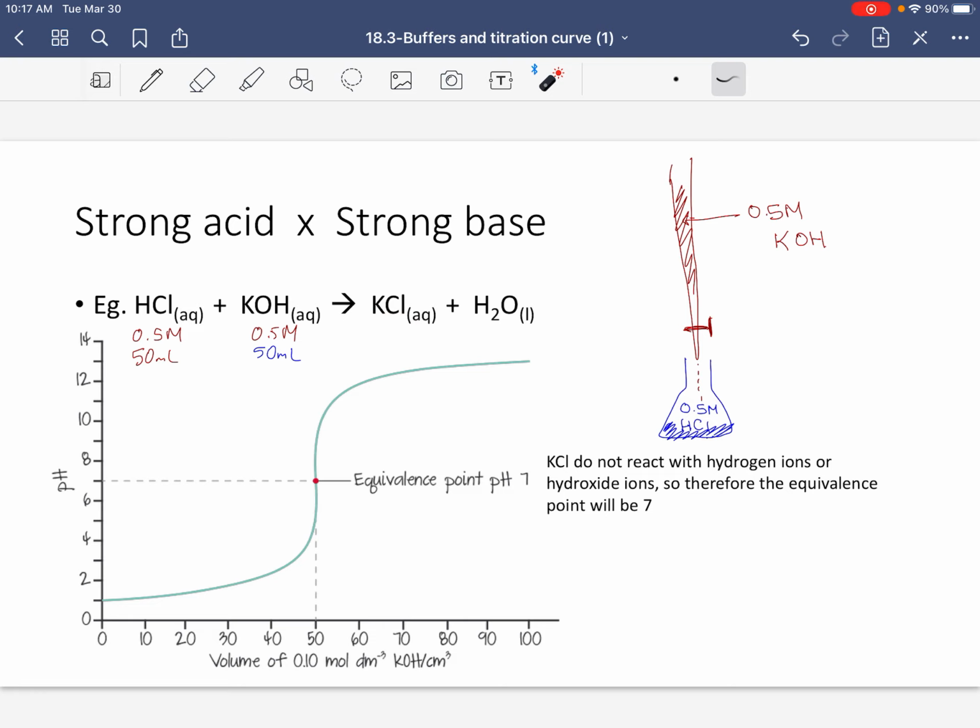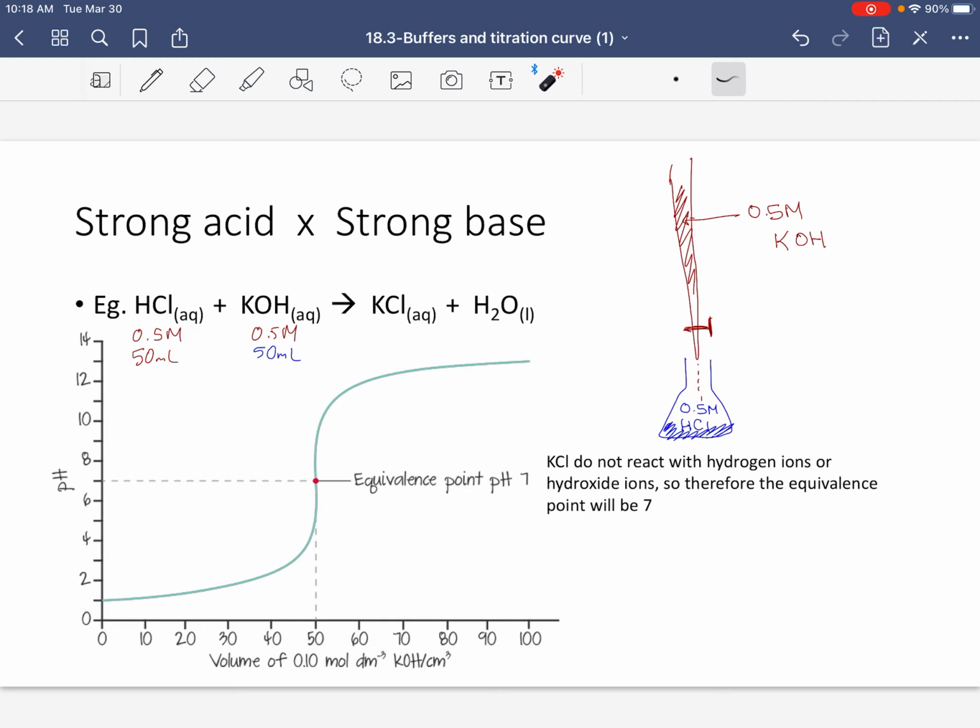But you'll see later on that the salt that you make can have the ability to make your solution acidic or basic by hydrolysis. In this case, though, KCl is going to be neutral, because this is the metal of a strong base and this is the non-metal of a strong acid, and they just don't do that. So that's why the equivalent point is going to be 7.